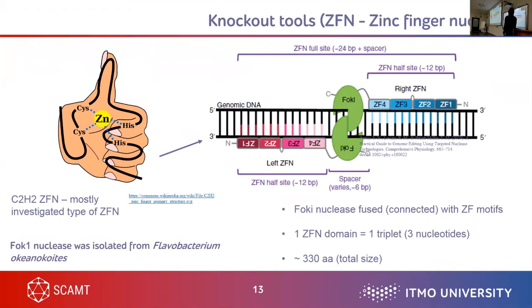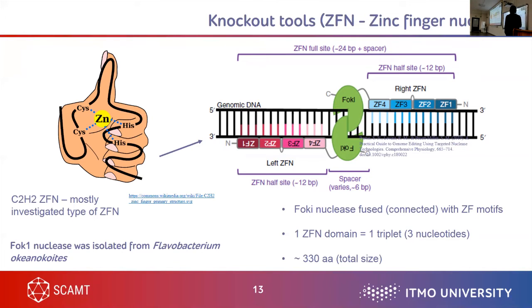So let's talk deeply about each example of knockout tools. The first one is the zinc finger nuclease. A zinc finger nuclease is a fusion of two proteins, the FokI nuclease and a zinc finger domain. FokI nuclease was isolated from Flavobacterium okeanokoites, and it's fused with the zinc finger.